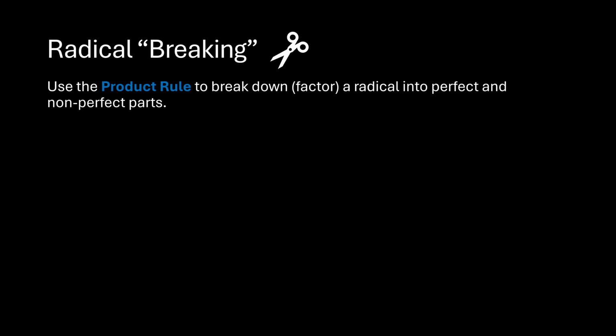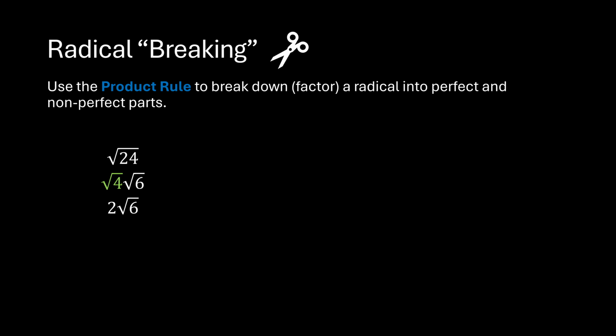Radical breaking. So we're going to use the product rule to break a radical into perfect and non-perfect parts. Don't let that confuse you. We're just going to take, for example, square root 24. And we're going to pick two numbers that multiply to 24, but we're going to specifically pick square root 4 times square root 6. Now, why did we pick square root 4? Because square root 4 is a perfect square.